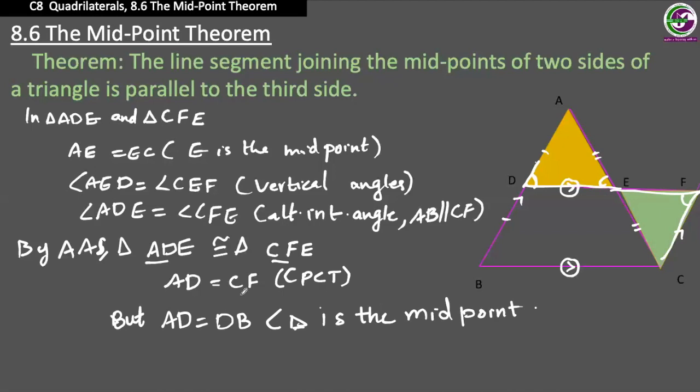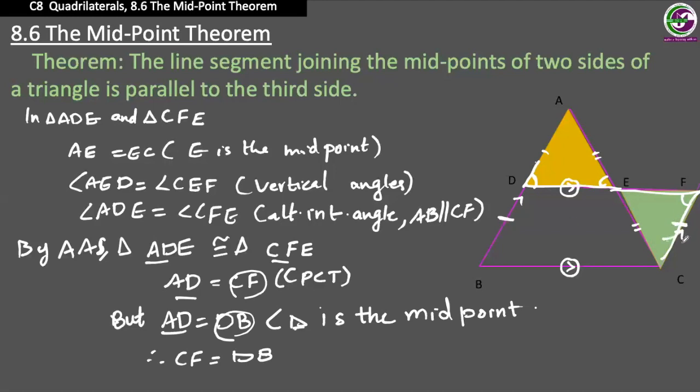So from these two conditions, CF is equal to DB. Therefore, CF is equal to DB. So these two sides are equal.